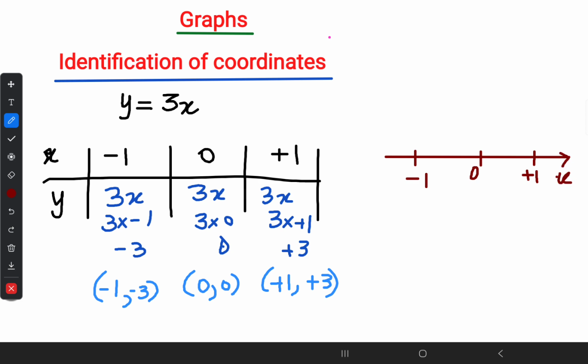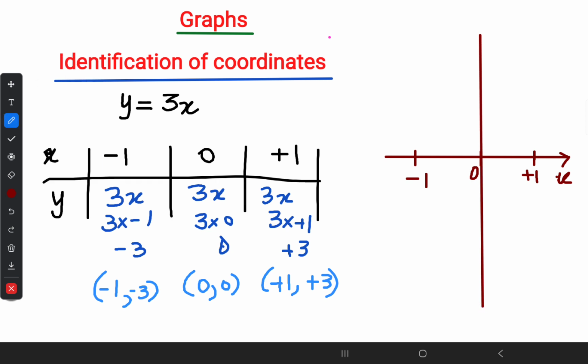In the y-axis, the minimum value we need was -3. Amongst these three, what would be the minimum? What would be the maximum? That's what you should interpret: -3 and +3. So in the x-axis, -1 to +1 is enough, but in the y-axis, you have to extend a little.